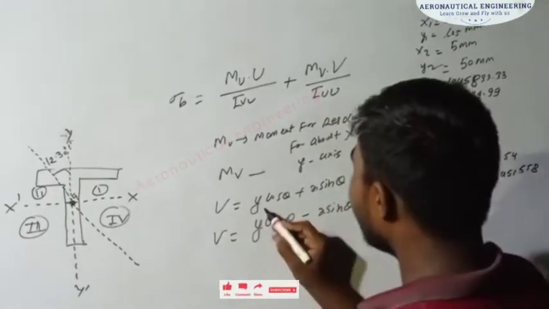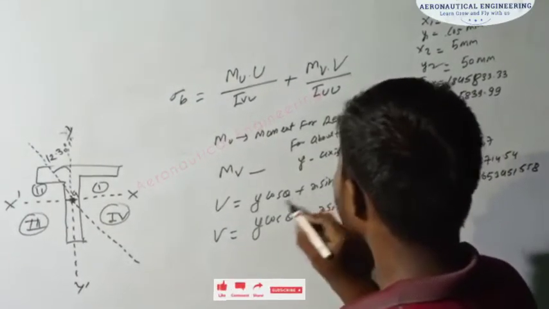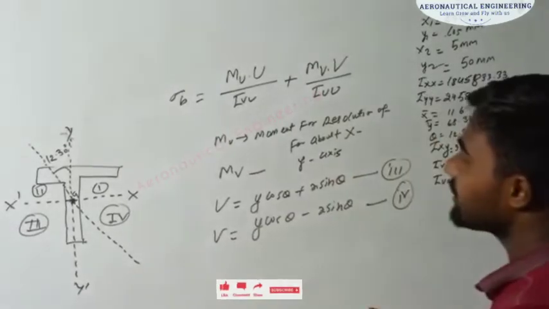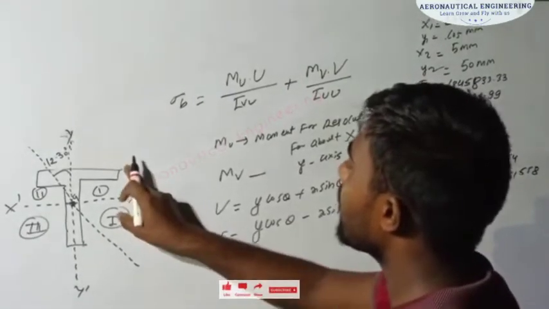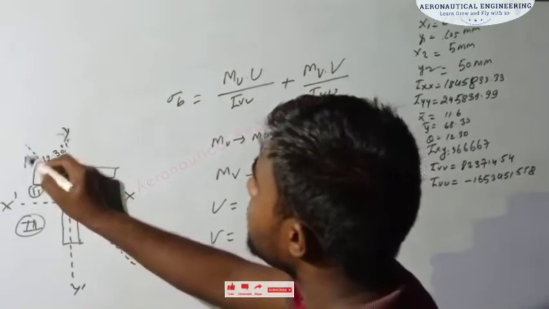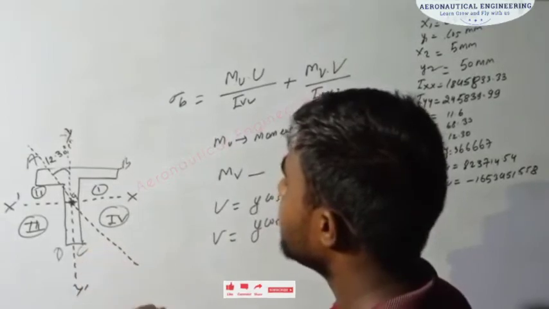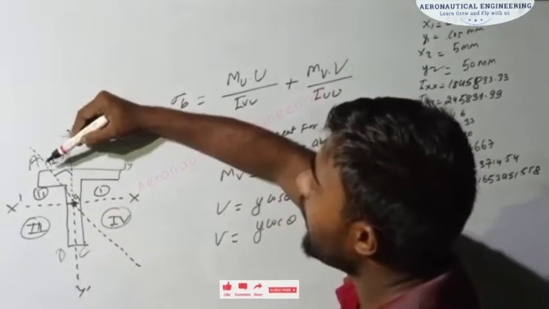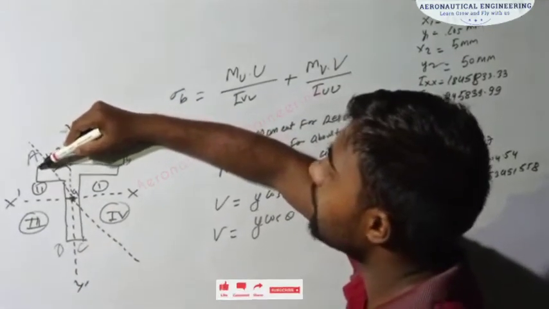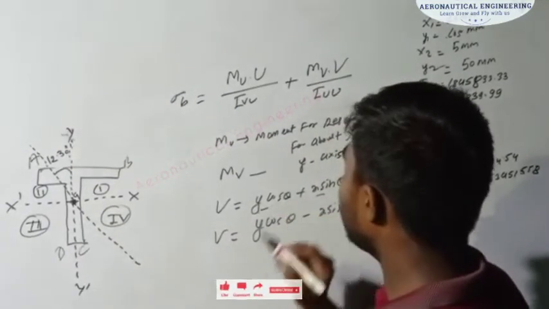Here the theta value we know, but the x and y values we don't know. The x and y values represent the location of the point where we are going to find the bending stress for that section. Suppose I take these corners as A, B, C and D. If we have to find the bending stress at the corners of the section, then for point A we have to find the x value and y value.